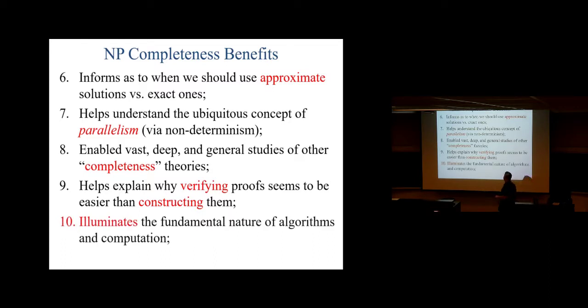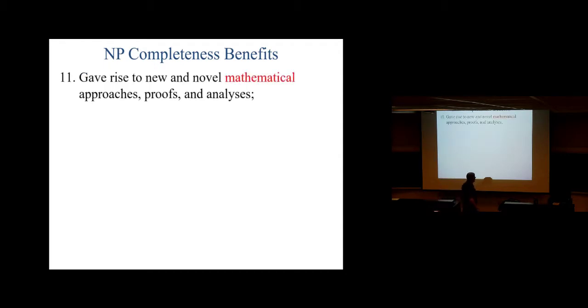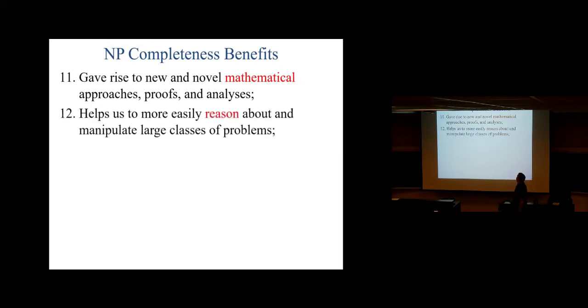And it illuminates the fundamental nature of algorithms and computation in a very deep and meaningful way. I know these are a lot of selling points, and now you're probably eager to see the actual stuff that has all these wonderful properties, but you will. It's pretty amazing, actually. It slices, it dices.